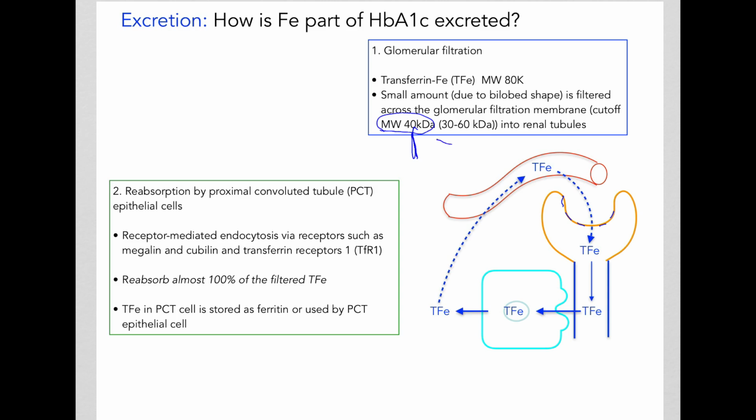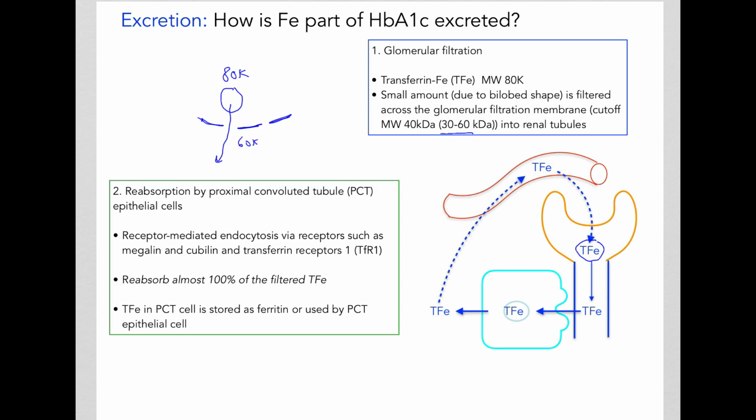So let's say the range is about 30 to 60,000 Daltons. So if the glomerular filtration membrane space is only so much, range of 30 to 60,000, and transferrin is 80,000, the maximum here is 60,000. So you would expect that transferrin should not go through the filtration membrane and enter the glomerular cavity.